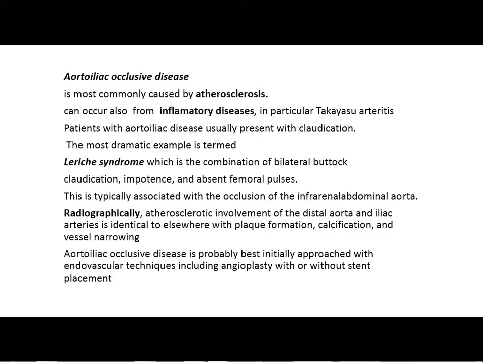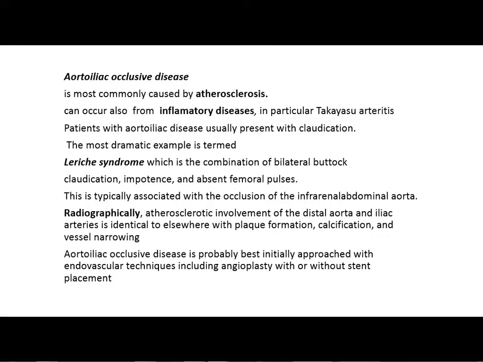Aortoiliac occlusive disease is most commonly caused by atherosclerosis, and can also occur from inflammatory disease, in particular Takayasu arteritis. Patients with aortoiliac disease usually present with claudication, the most dramatic example termed Leriche syndrome, which is the combination of bilateral buttock claudication, impotence, and absence of femoral pulses. This is typically associated with occlusion of the infrarenal abdominal aorta.